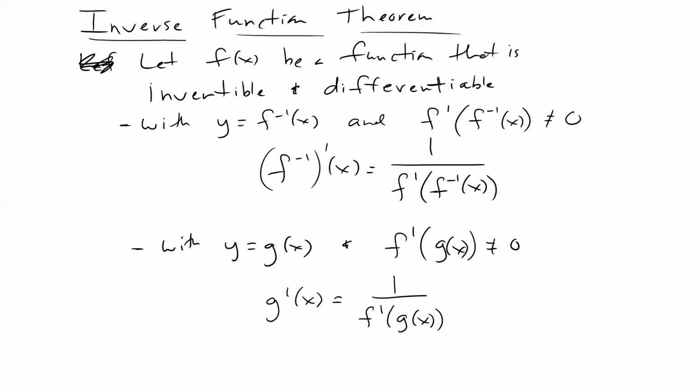Doesn't g of x equal f inverse of x? Yeah, I guess we should write it in. So let's do this here. So g of x, if you want to put that in there like that, that's fine. You're saying that's the inverse, right?